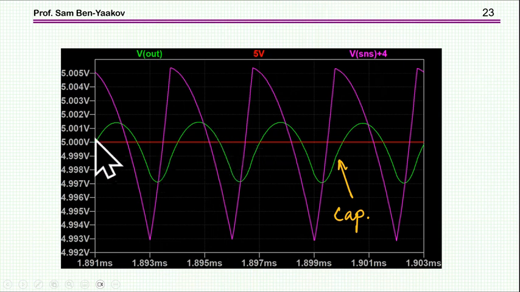Small ripple, it's only 1 millivolt. Not only that, it is more like a ripple of a capacitor. It's not reflecting the resistance anymore, and therefore there is a phase shift. So in fact you cannot use it for this operation because it's not in phase with the switching cycle.